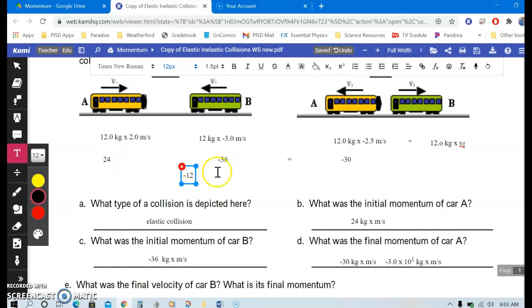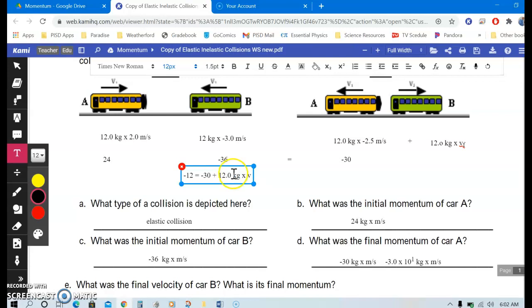Okay, so negative 12 is equal to negative 30 plus 12.0 kilograms times, I'm just going to put V.